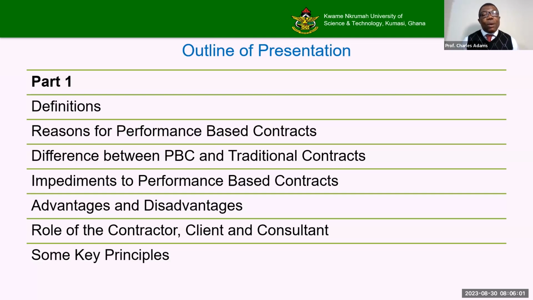Then I'll look at the roles of the contractor or contracting entity, the client, and the consultant. What are the roles in the traditional contract? What are the roles in OPRC? Because I see that a lot of consultants and contractors are a bit confused about the role, and therefore sometimes they waste time doing what they are not supposed to do, and it affects the contract. Then I will share some key principles.